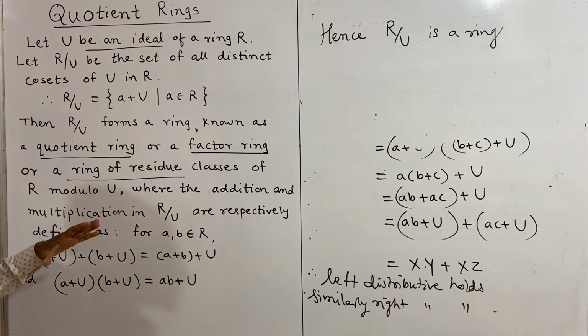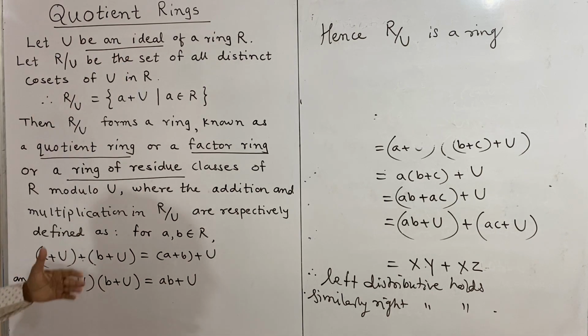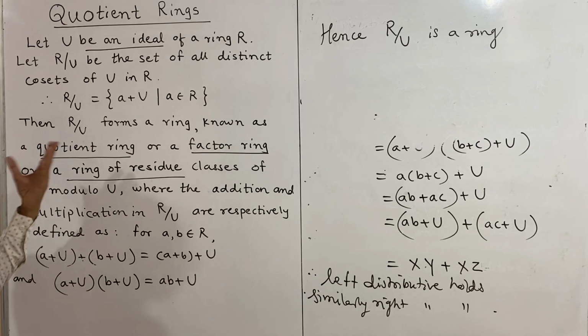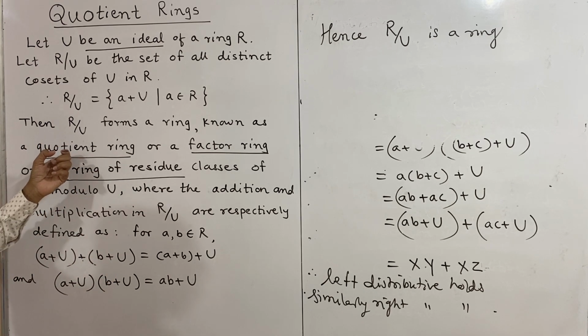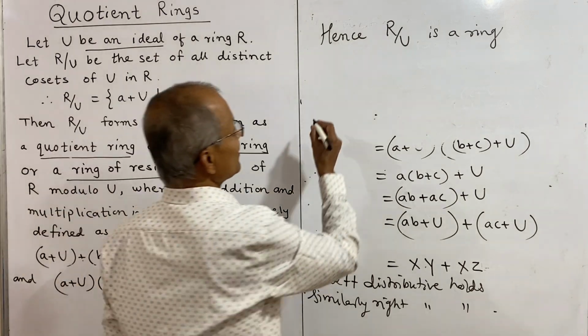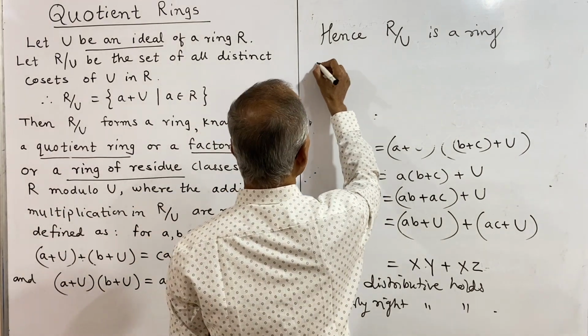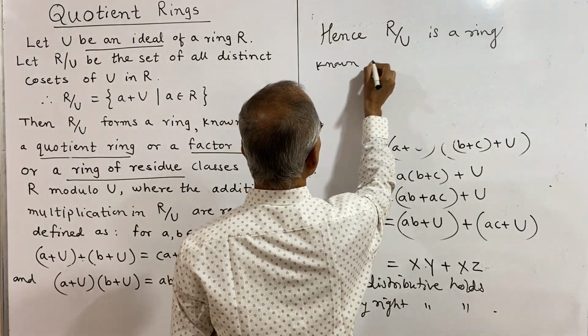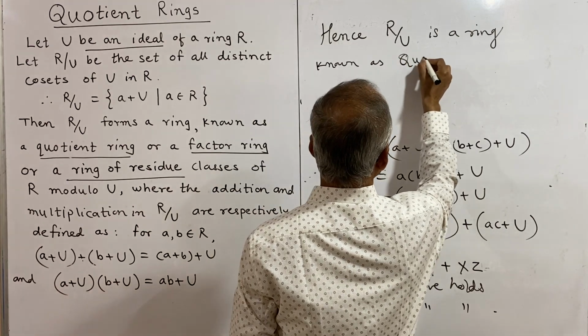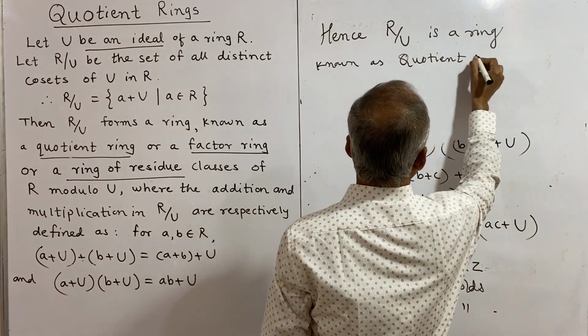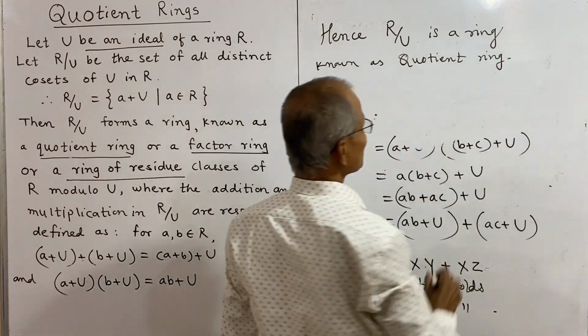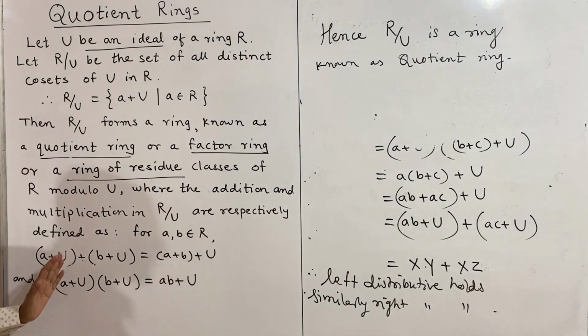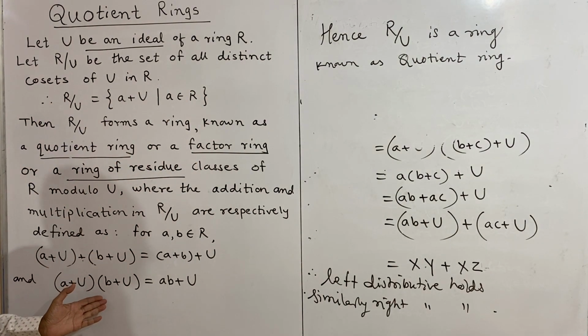So here, rather than directly stating the definition of quotient ring, first we have proved it forms a ring structure, and then we consider it a quotient ring. So why is it known as quotient ring? Now we shall consider an example of a quotient ring, then it will be more clear to us.